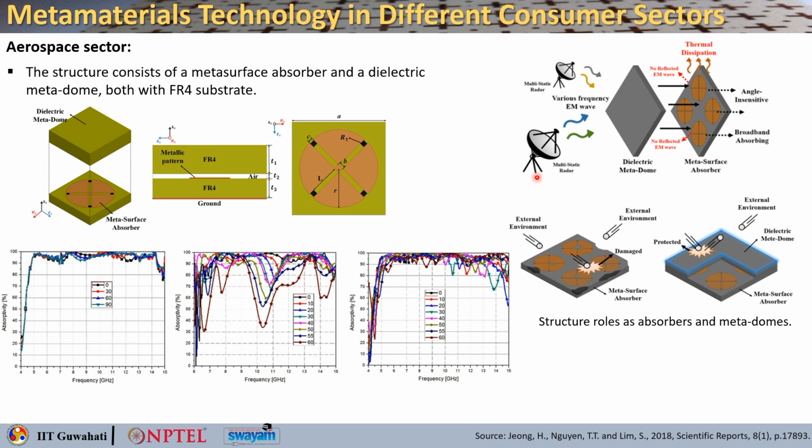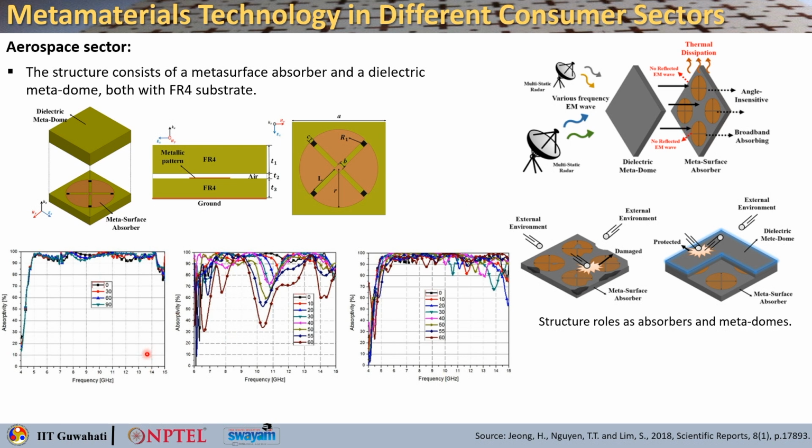So, this is how overall the structure looks. So, this dielectric metadome allows the signal to get in, and then this metasurface absorber allows broadband absorption, which is also angle insensitive, and that is how it gives you a very little scattering signature.